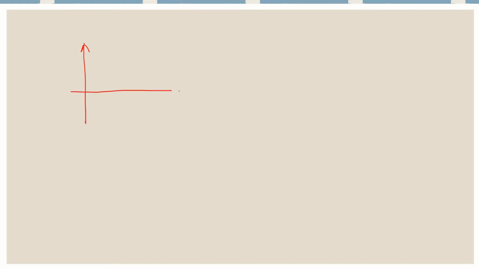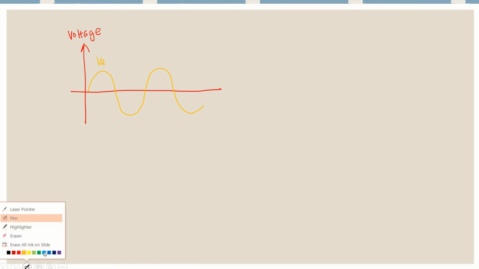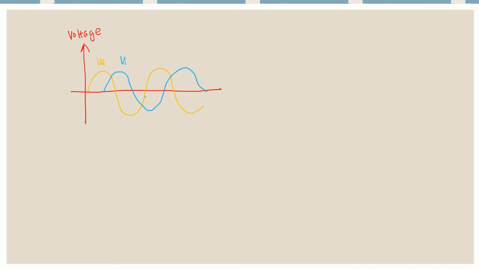Again, I'm taking voltage as an example. You have phase A, that is VA. And then you have 120 degrees displaced, you have VB.